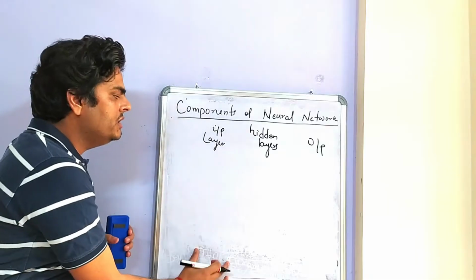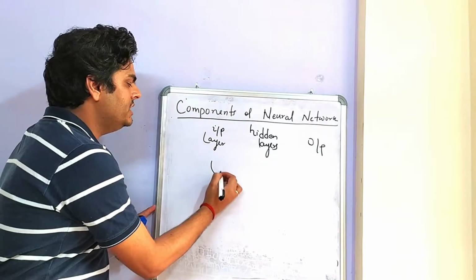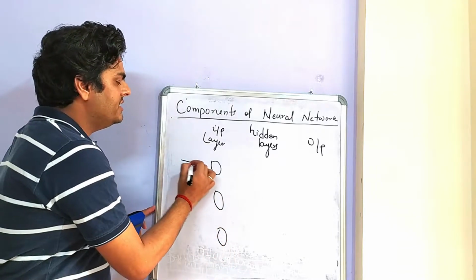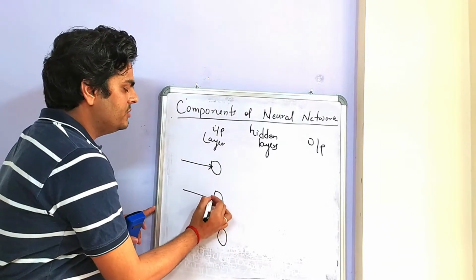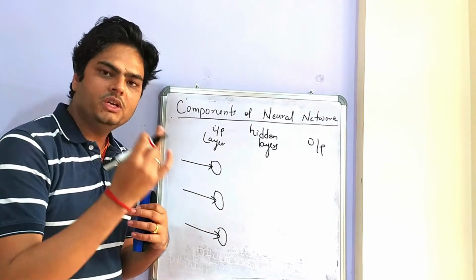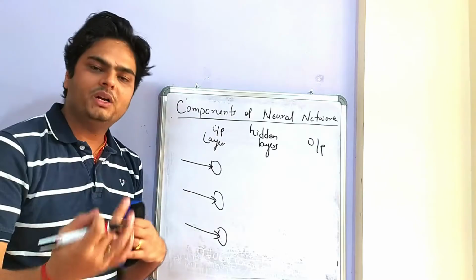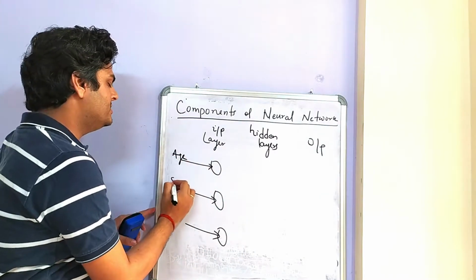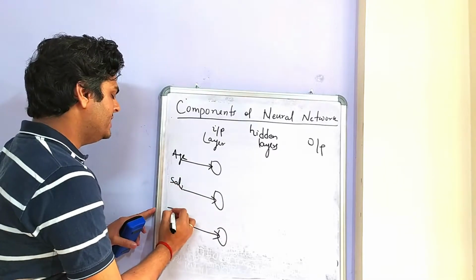That will go in the input layer. We have three input features in this data. So, this input feature, this one and this one will take age, tenure and salary respectively. Let us give age here, salary here and tenure here.